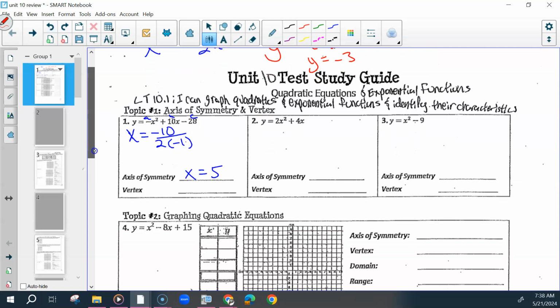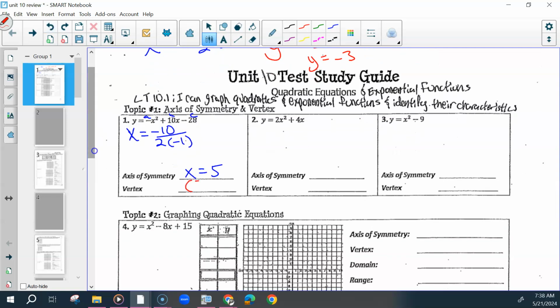So then your vertex would be, as an ordered pair, 5, negative 3. So the work you could do in the calculator or by hand, but you have to show the setup.